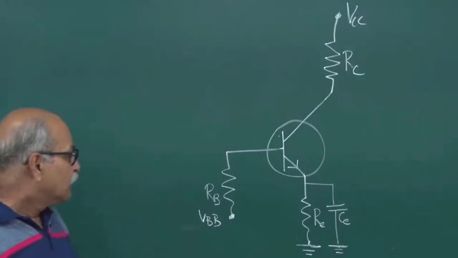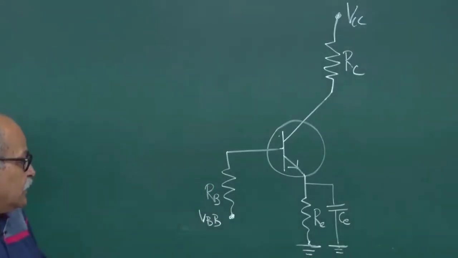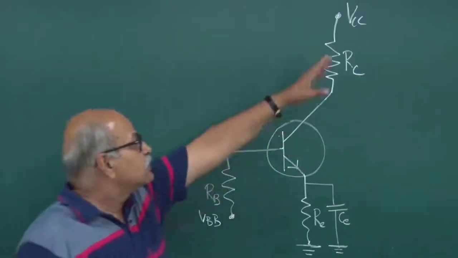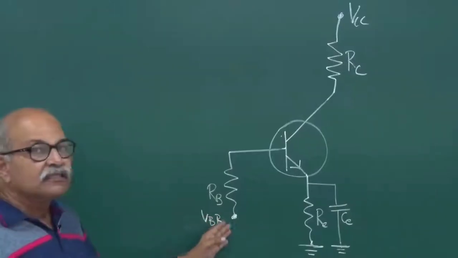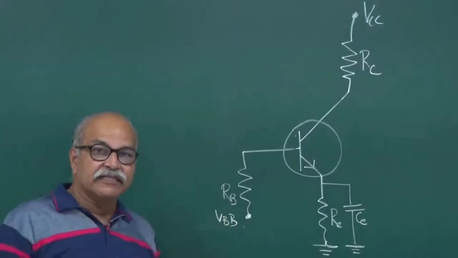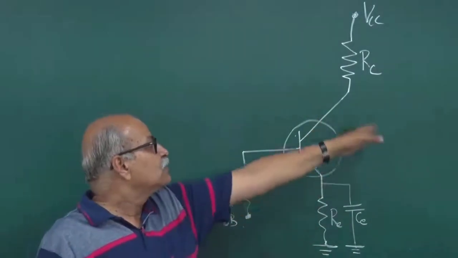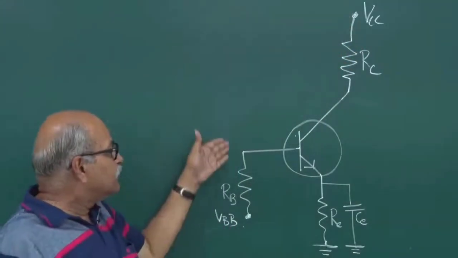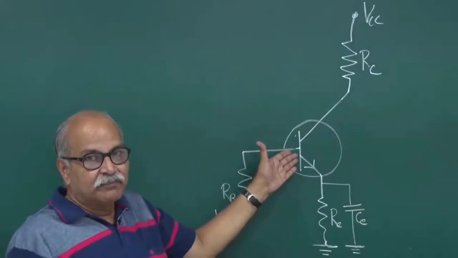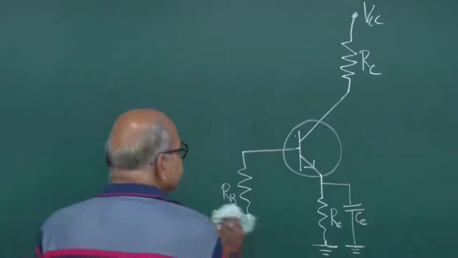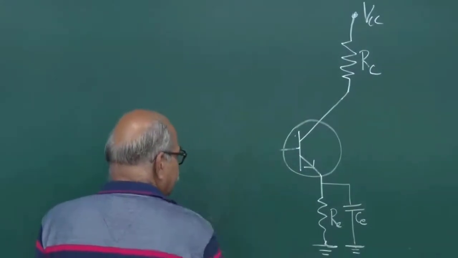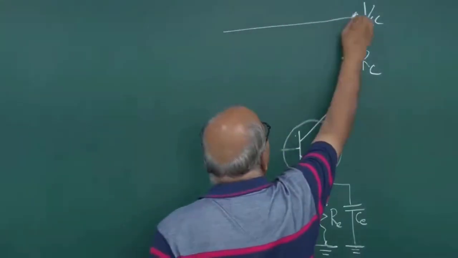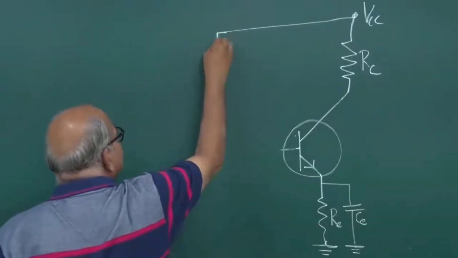That's one thing. Another thing is, instead of using two biasing batteries, one for this collector side and one for this base side, generally only one battery is used, that is this VCC, and from here only a part of it is taken to the base. So that configuration is, from here you make some kind of a potential divider.